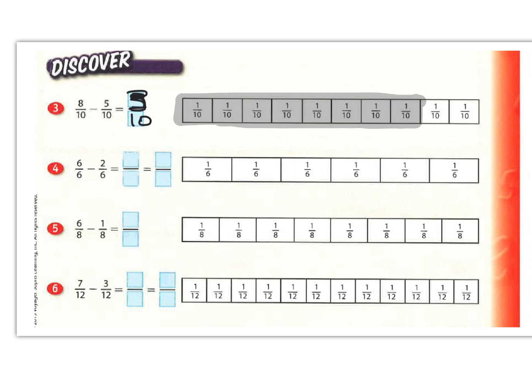And then we're going to subtract 5 of those. So we're going to just take out 1, 2, 3, 4, 5. We can see that we have 3/10 left over. So we can visually see that that's why we keep the denominator 10, or tenths, the same.